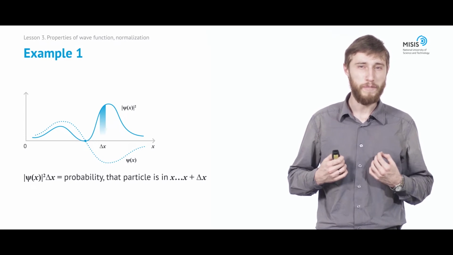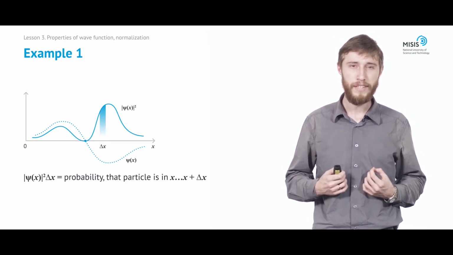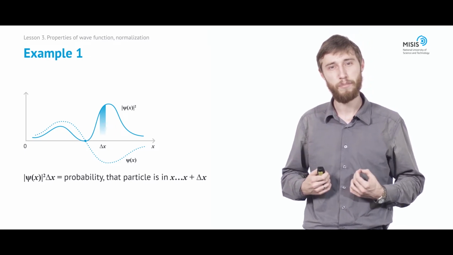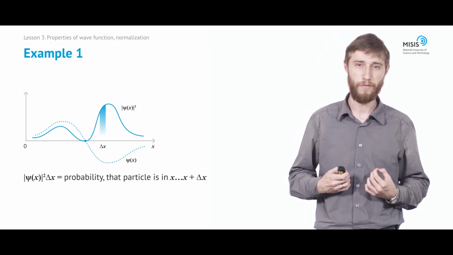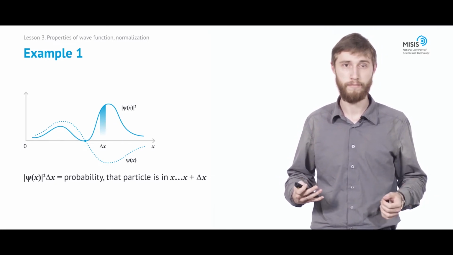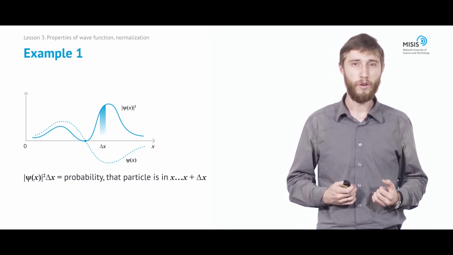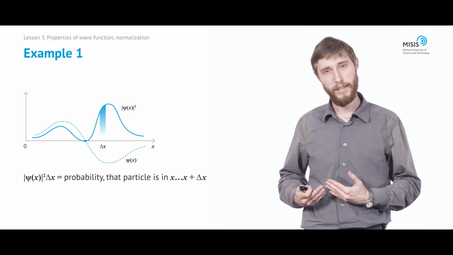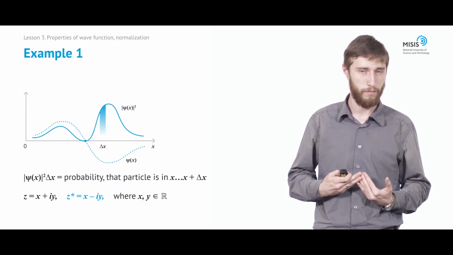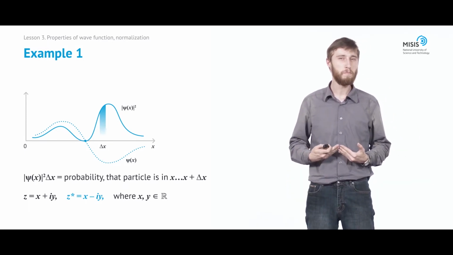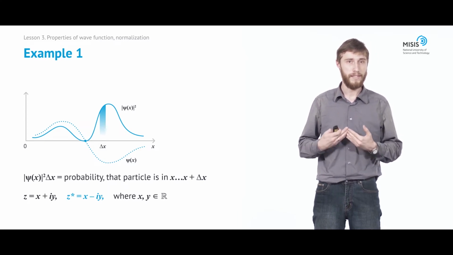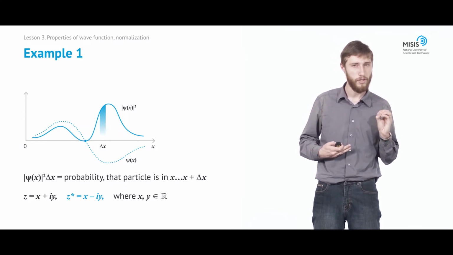The physical meaning of the psi function is that |psi of x| squared times delta x gives the probability that the particle has a coordinate in the range from x to x plus delta x, for small delta x. When the coordinate of the particle is being measured, it's most likely to be found near the maxima of the wave function. It may seem peculiar to write modulus and square simultaneously, but remember that psi of x is a complex function.